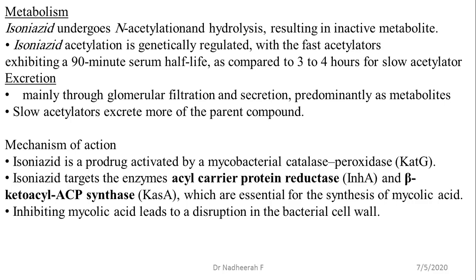Metabolism: isoniazid undergoes N-acetylation and hydrolysis resulting in an inactive metabolite. INH acetylation is regulated genetically, either fast acetylators, whose half-life is about 90 minutes, while in slow acetylators the half-life of the drug is about 3 to 4 hours.